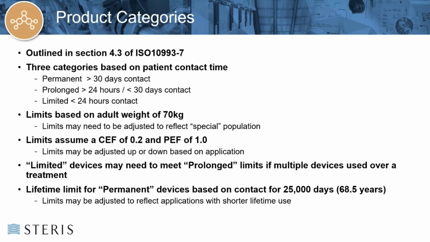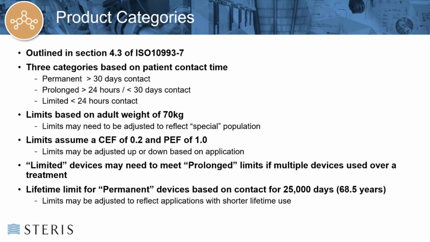Limited patient contact device category is identified for devices with less than 24 hours of patient contact. Prolonged devices contact the patient greater than 24 hours, but no more than 30 days. Permanent devices are based on a patient contact of 30 days up to lifetime use. The standard indicates this is 25,000 days or 68.5 years.